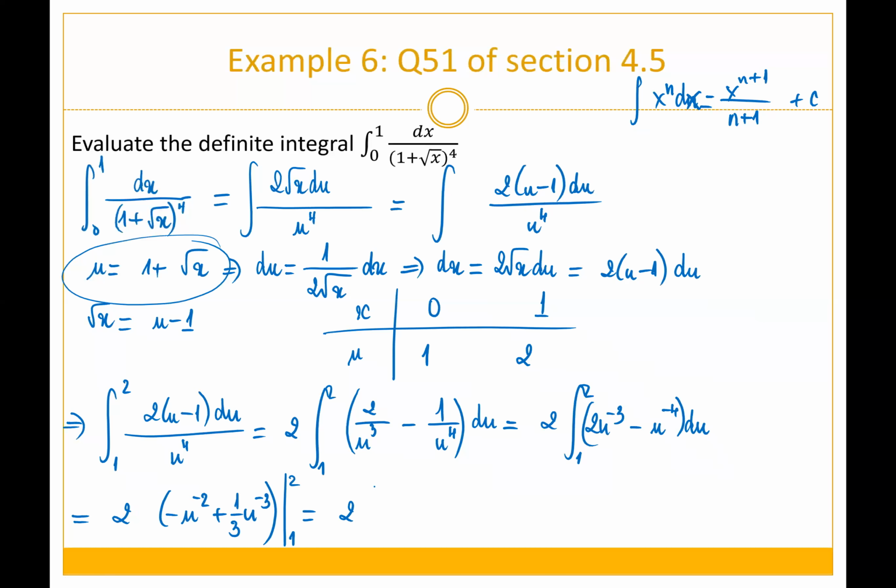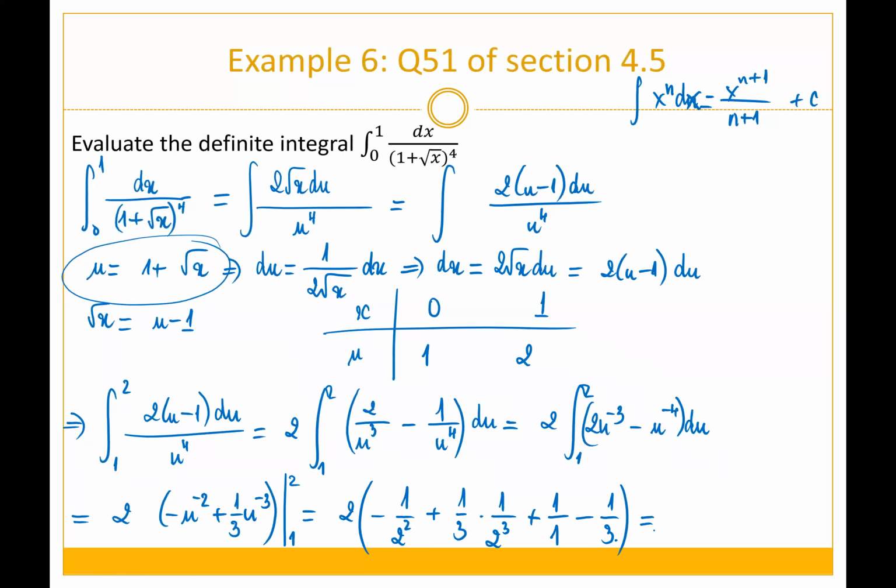So you're going to have 2 times negative 1 over 2 squared plus 1/3 times 1 over 2 cubed. And do the same thing for the lower limit: minus, and minus a minus is a plus 1 over 1. Minus with a plus is a minus 1 over 3.